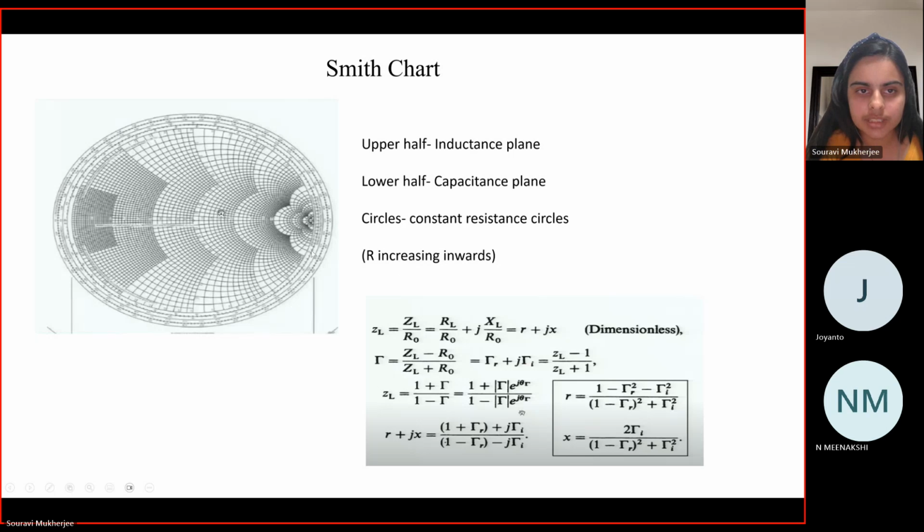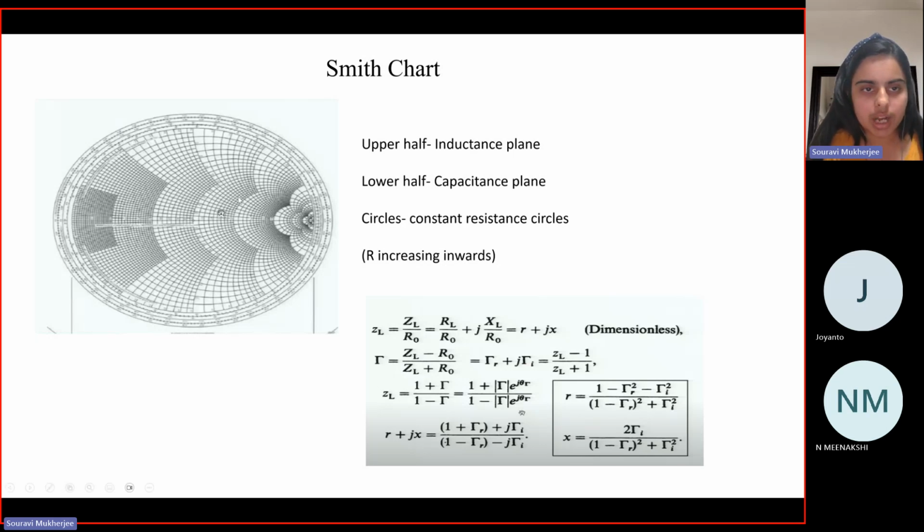Okay. And in a Smith chart, as the radius of the circles decreases, the resistance increases. So while this point corresponds to our open circuit where the resistance is maximum, infinity, this point corresponds to a zero resistance or a short circuit.